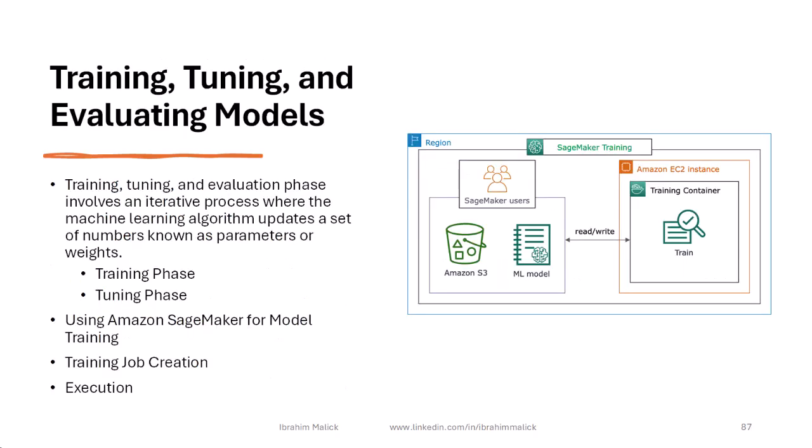All right, so let's think about the next phase of the ML pipeline, which involves training, tuning, and evaluating the model. This phase involves an iterative process where the machine learning algorithm adjusts a set of numbers known as parameters, or weights.